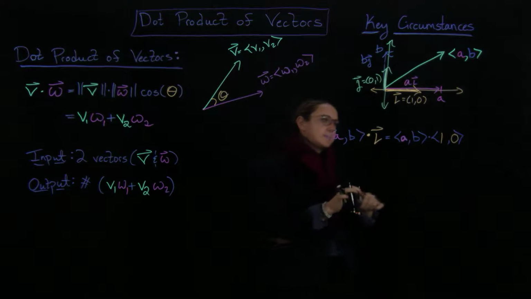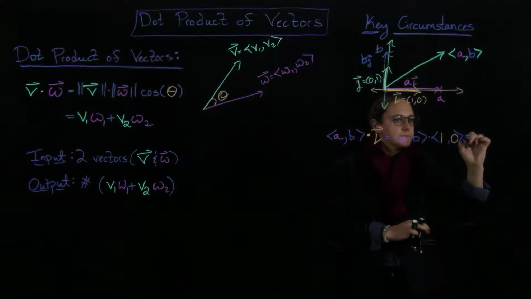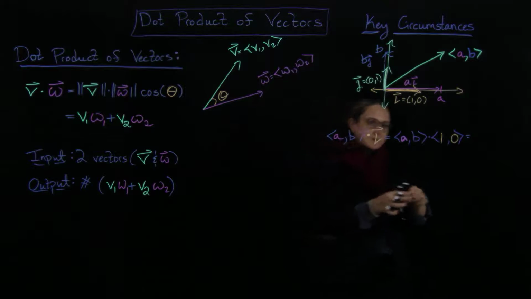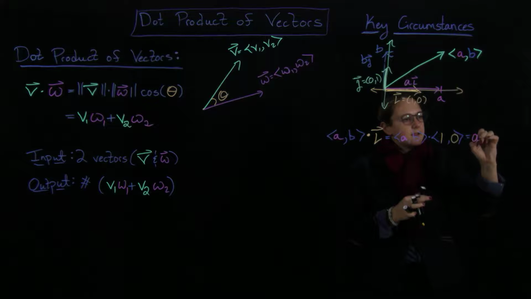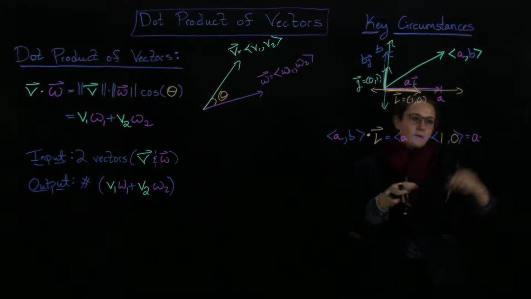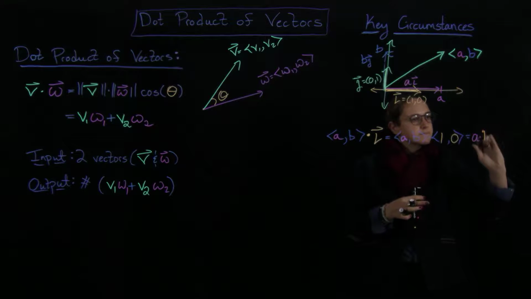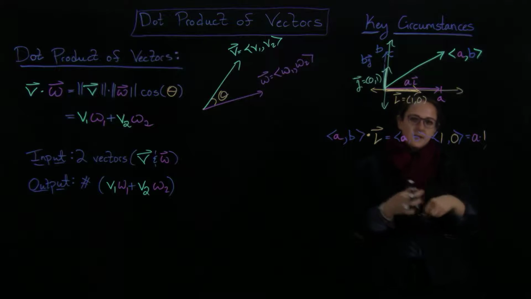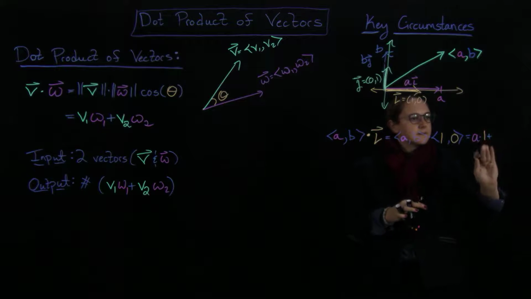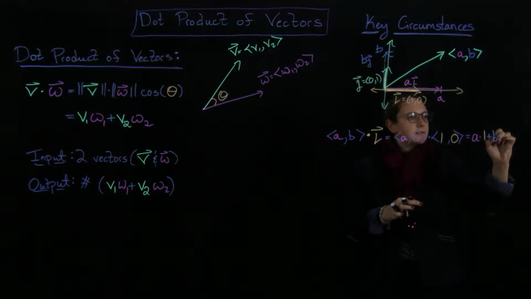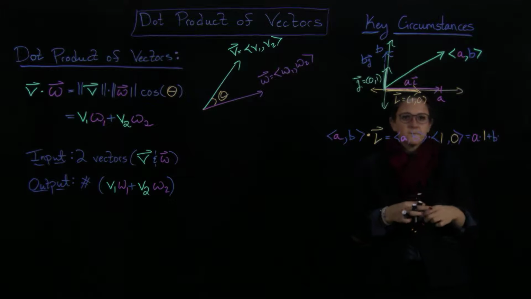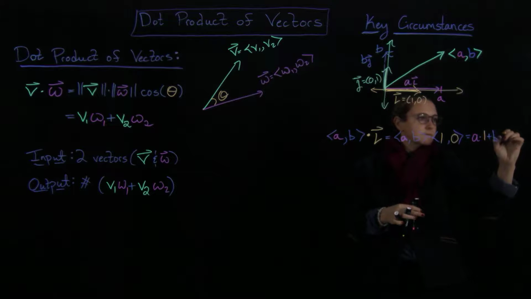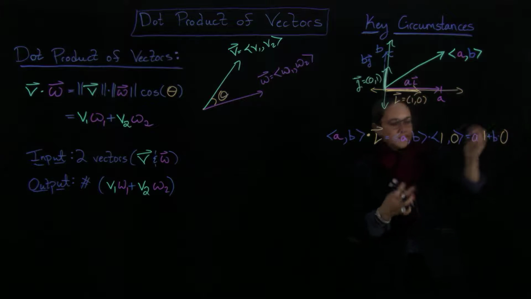I'm going to end up getting A times 1, and then plus B times 0. Well, that just equals A.